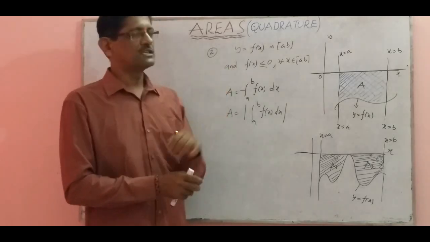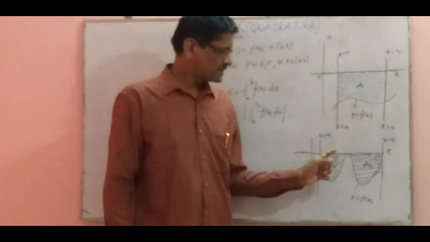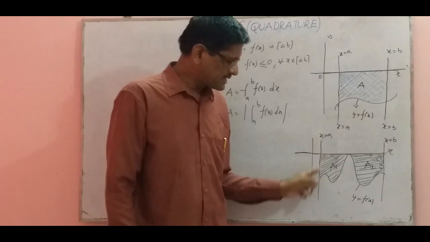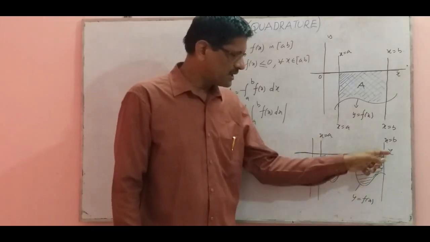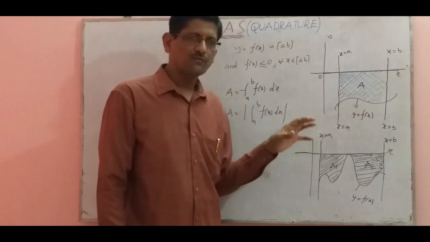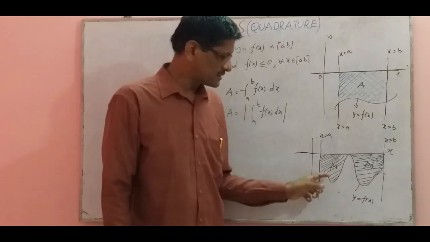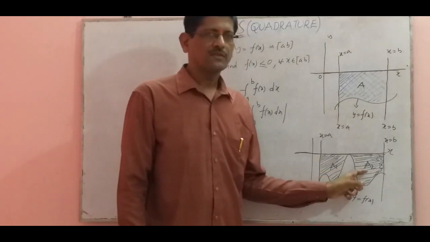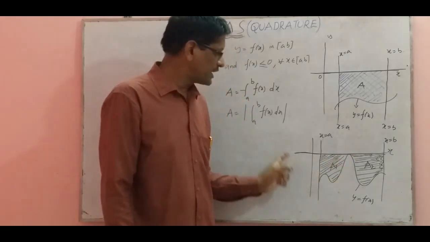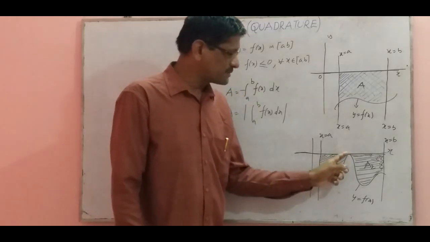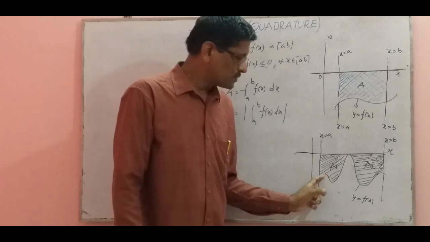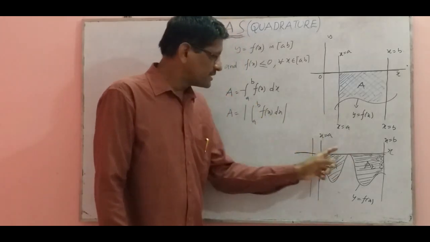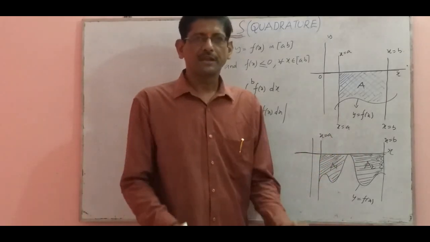So this is the second point. In this second diagram, the curve y is equal to f of x, enclosed with x is equal to a, x is equal to b and the x-axis, forms two regions. This is the first region, that is area 1. This is the second region. That means minus integral a to c, plus minus integral c to b by taking modulus.